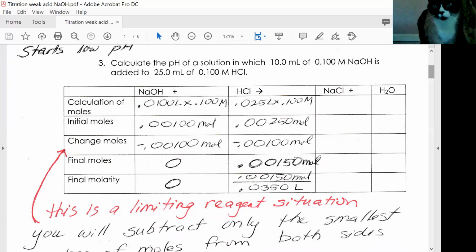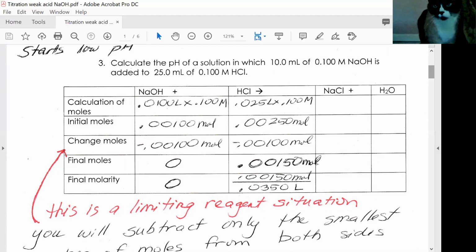And then let's look at the hydrochloric acid. With 0.025 liters times 0.100 molar, we get 0.00250 moles. So this is a limiting reagent situation. Our limiting reagent is hydrochloric acid.